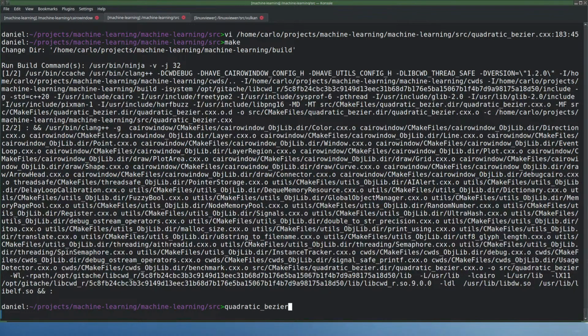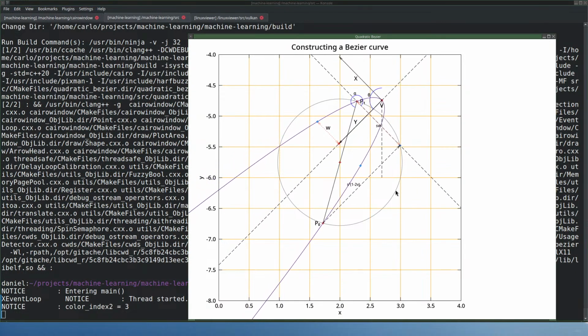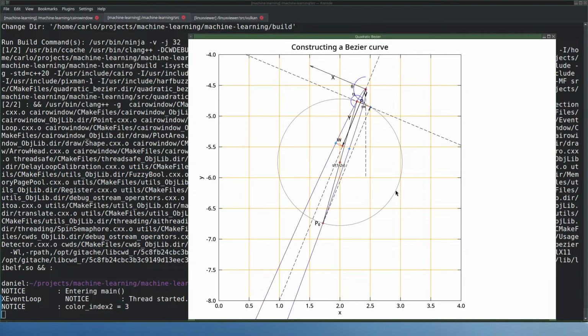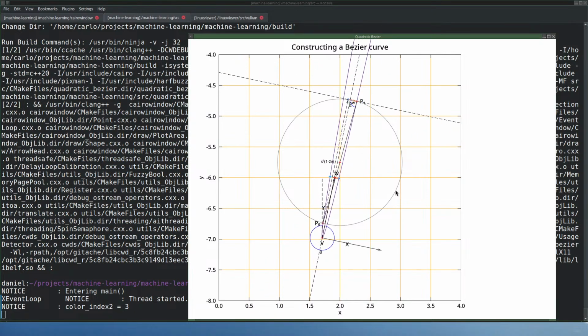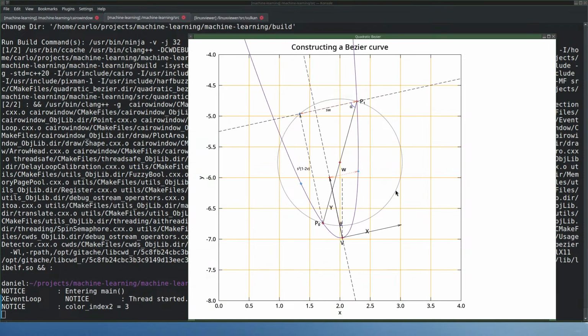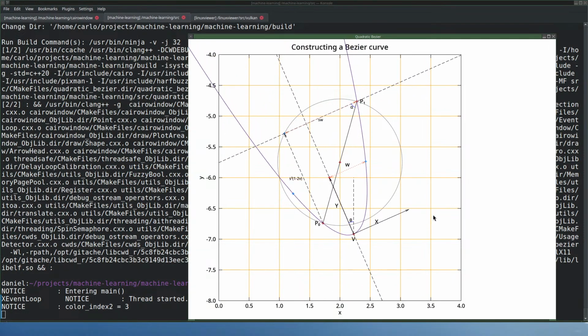Come on, come on, come on. What a horrible theta. It ends in limbo. Okay, now it makes sense. And now it looks even good. Yep. Oh, something went horribly wrong there.